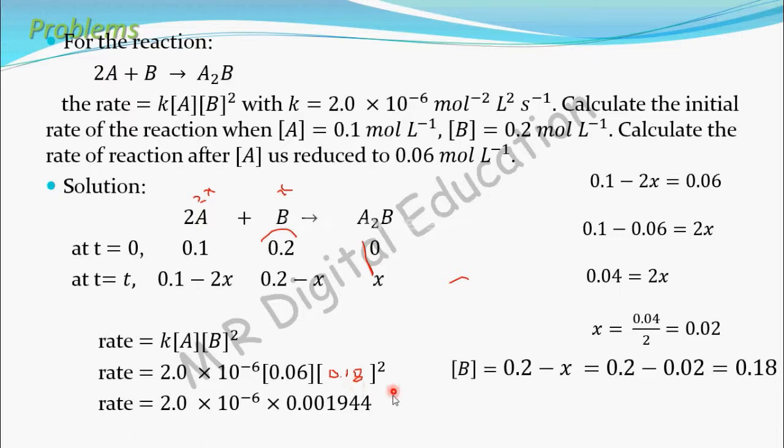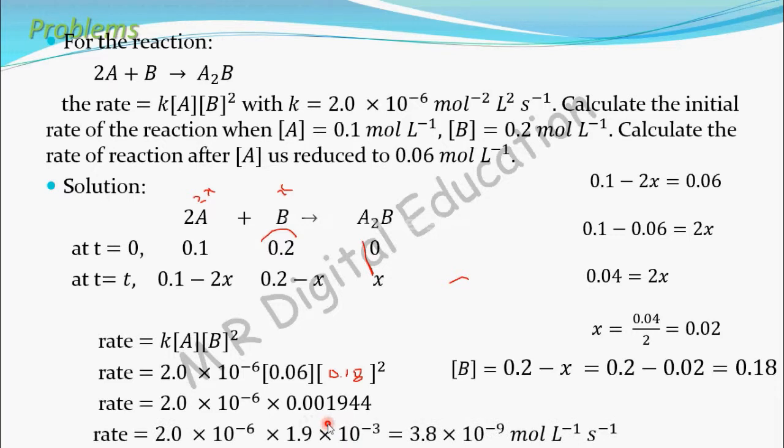Now simplify this one. 2 × 10^-6, if you multiply 0.06 into 0.18 to the power 2, you will get 0.001944. Then when you simplify 2 × 10^-6, I will write this in terms of power of 10, that is 1.9 × 10^-3.